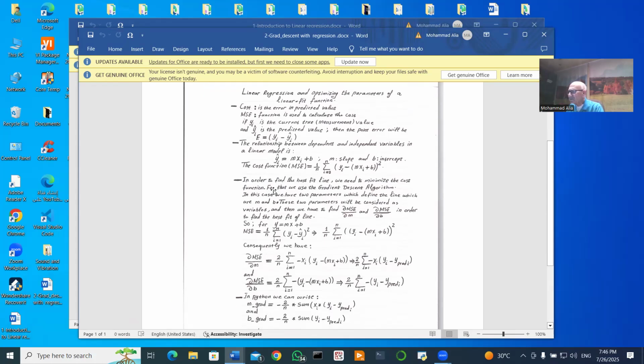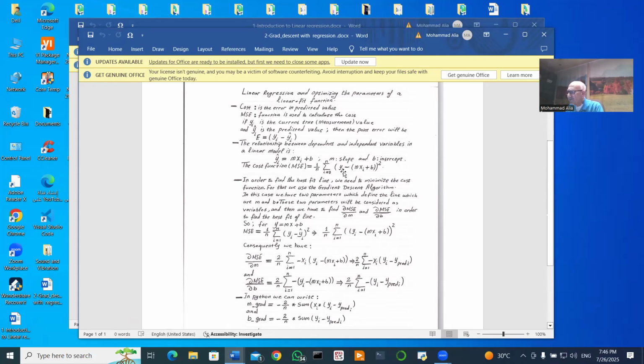And now our work is to minimize this function. What do we mean by minimizing this function? We mean that we have to find the values of the coefficients b and m for which we get the minimum value of the objective function.